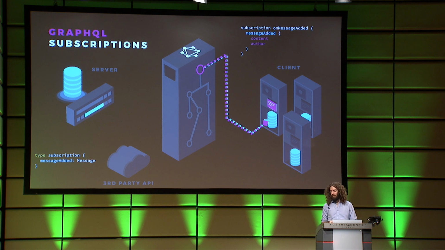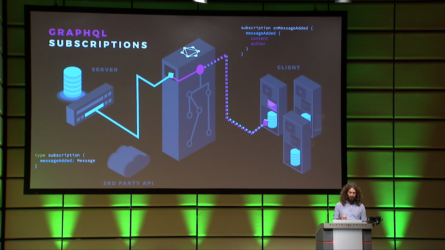First of all, I establish a two-way communication between my client and my GraphQL server. And then what I'm going to do is open a port, saying to the server, every time this event happens, push it here, into this function in my GraphQL server.